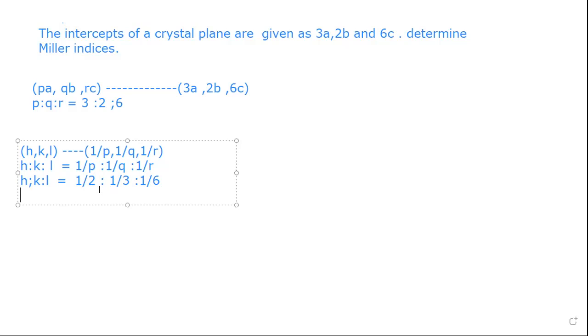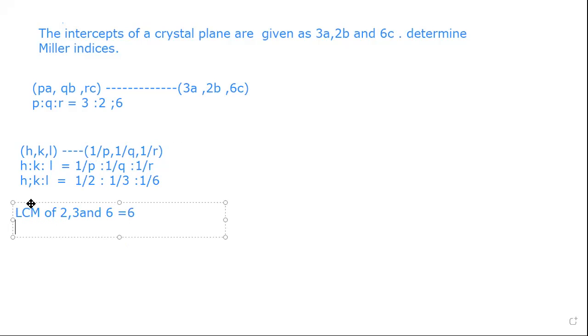In the denominator we have 2, 3 and 6. So the LCM of 2, 3 and 6 equals 6. Then multiply each fraction with 6.